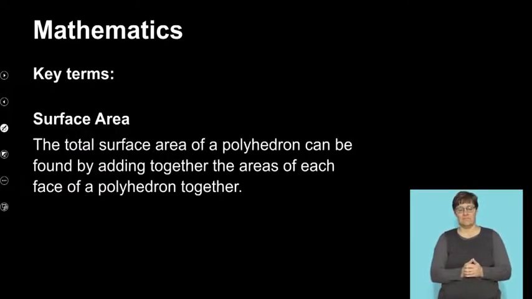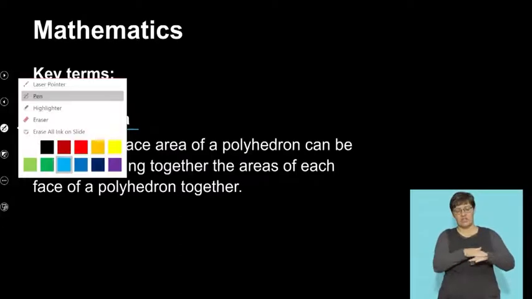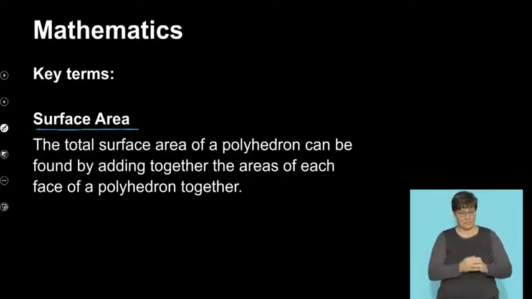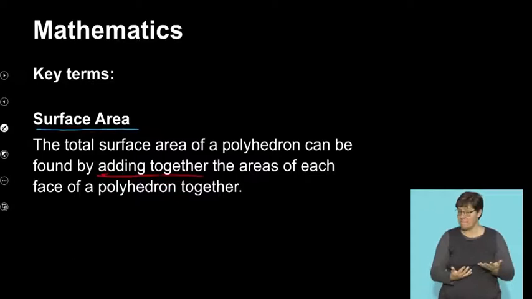Cool. The next thing I just want to revise with you is the surface area of a particular shape. So the total surface area of a polyhedron can be found by adding together the areas of each face of a polyhedron.